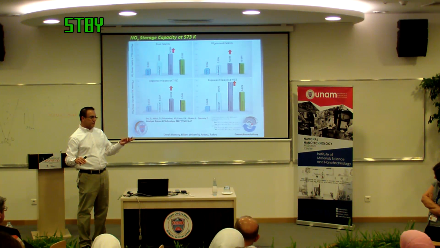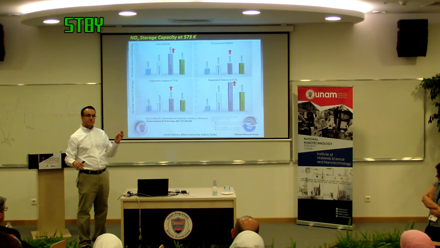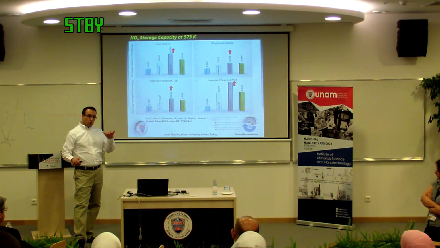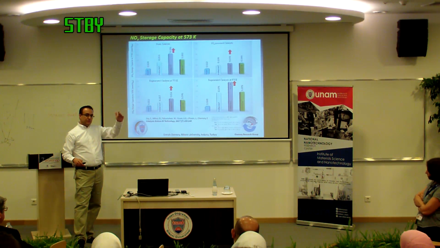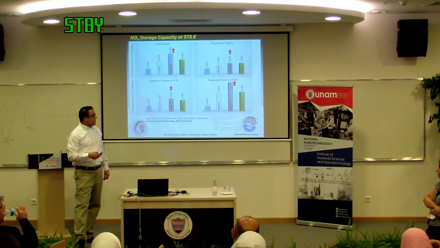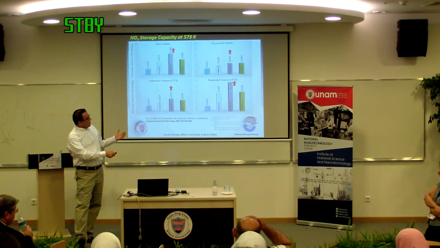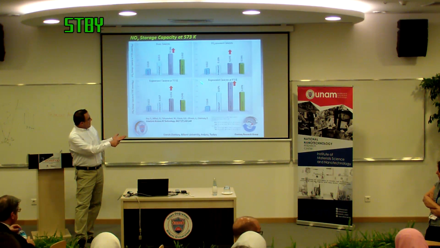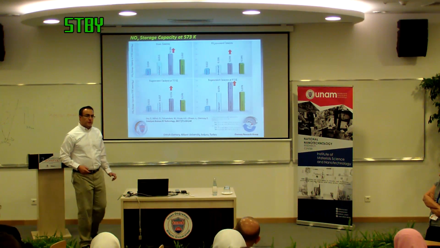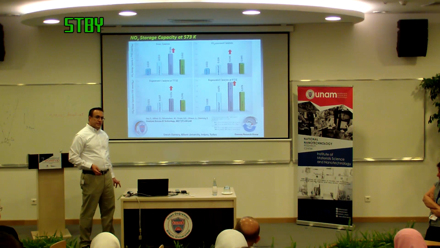NOx, nitric oxide and nitrogen dioxide, are acidic species. So if you make the surface less basic or more acidic, you actually prevent sulfur dioxide, which is also an acidic component, from adsorbing strongly. So the improvement is real and reproducible, and I think it is significant. We can beat the conventional catalyst significantly.